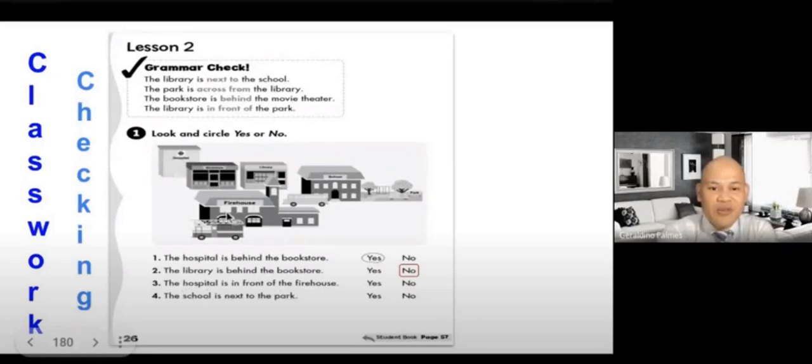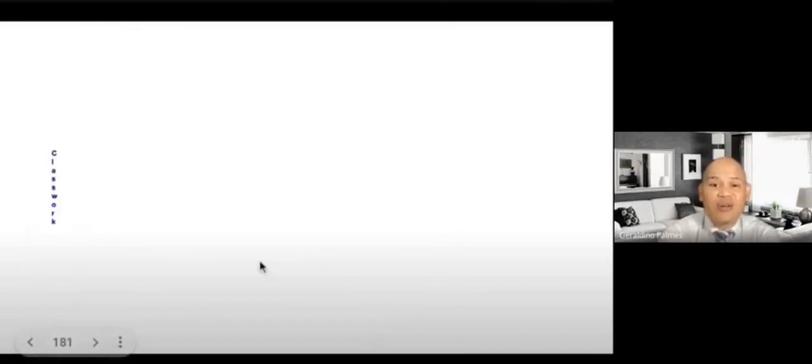Hospital, firehouse. Yes or no? In front? No. What about here? The school is next to the park. School, park. Yes or no? Yes. So this is lesson number 2. We look at the grammar here using the what? Using the prepositions of place. At the town. Now let's look at number 3.